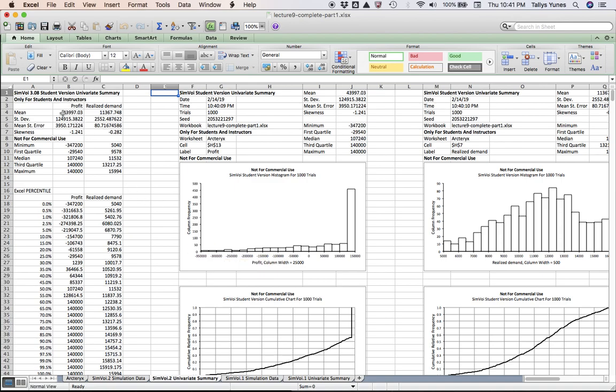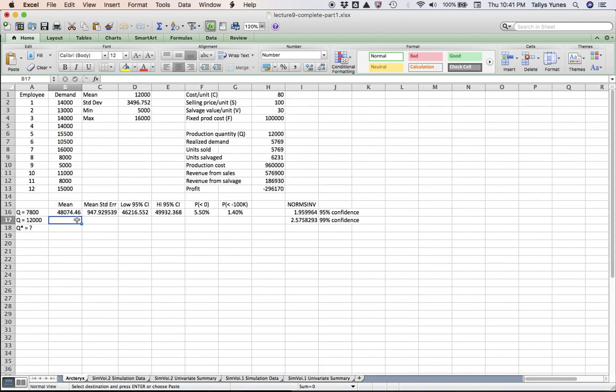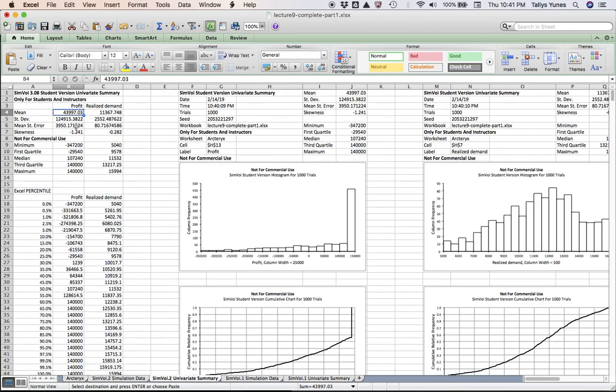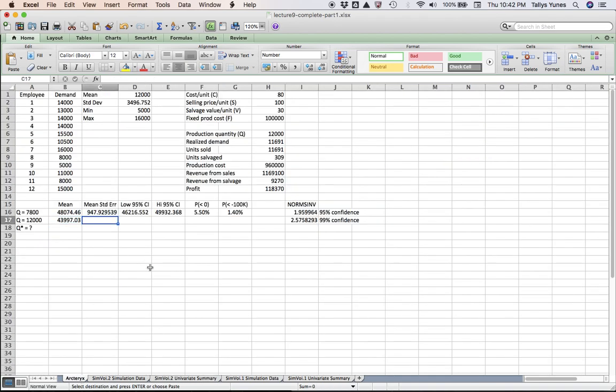Let's look at the mean and standard deviation. So now I have a 43,997 mean profit. It's a little worse. When you go here to the standard error, you see that it's almost 4,000. That's quite worse than the previous one.